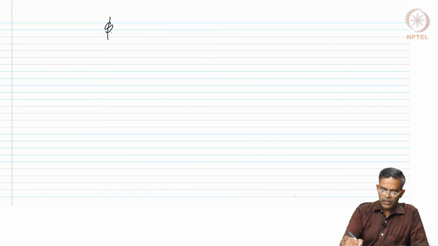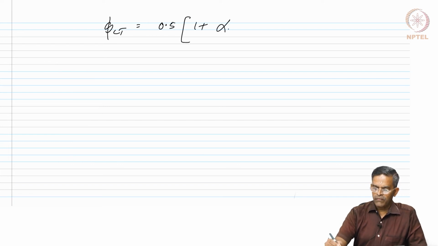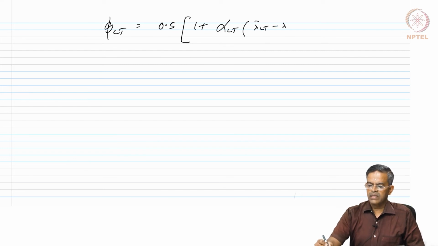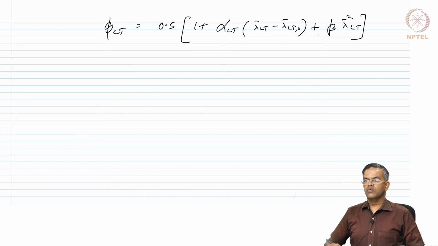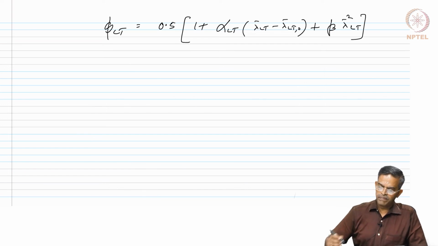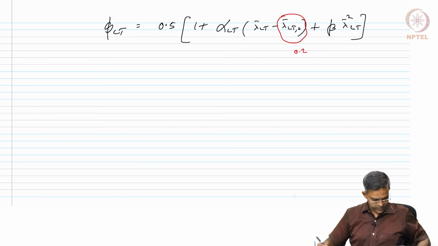Further, phi LT can be computed using this expression: 1 plus alpha LT of lambda bar LT minus lambda bar LT,0 plus beta lambda bar square. If you look back the previous equation, you would remember and recollect immediately that this was flattening of point 2 earlier.